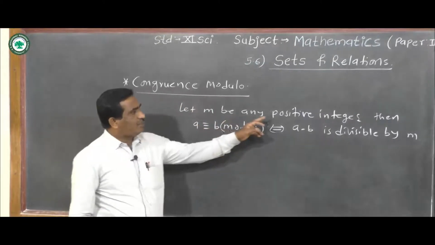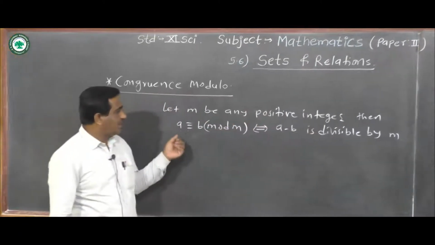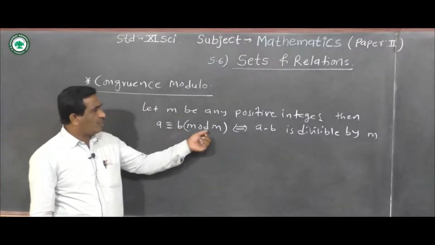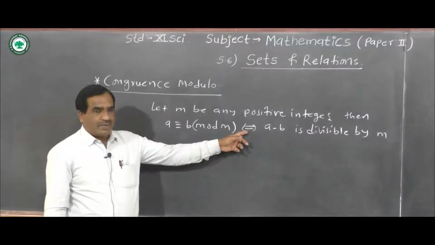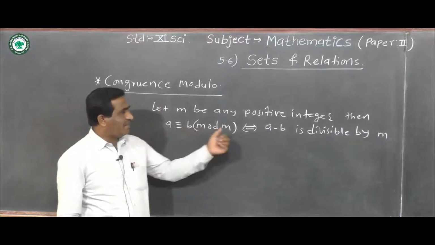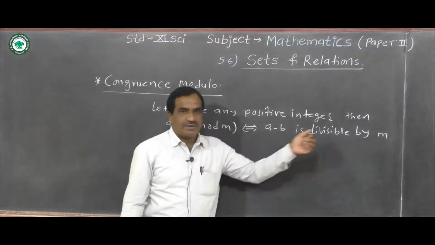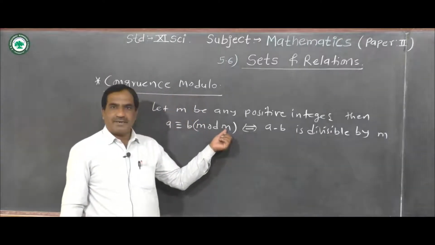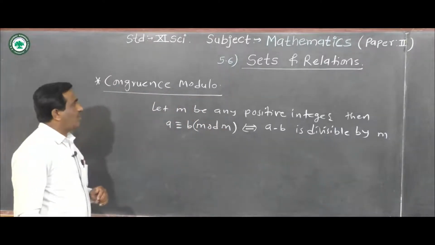Let M be any positive integer, then A is congruent to B modulo M if and only if the difference of these two numbers, A minus B, is divisible by this number M. This is called congruence modulo.